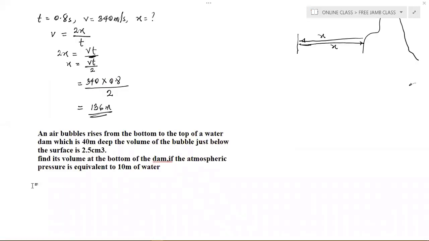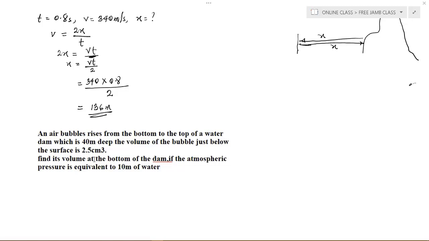Now, from blessing, the question says that an air bubble rises from the bottom to the top of the water dam, which is 40 meters deep. The volume of the bubble just below the surface is 22.5 cubic centimeter.